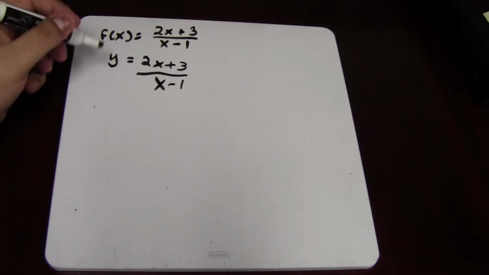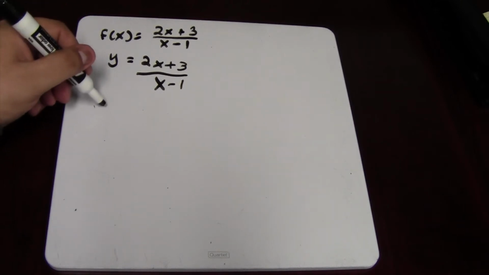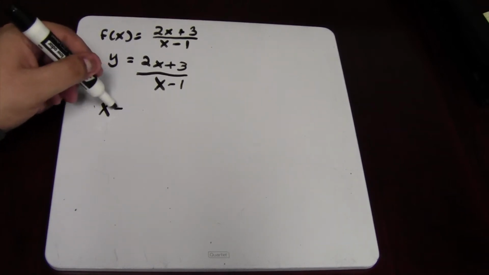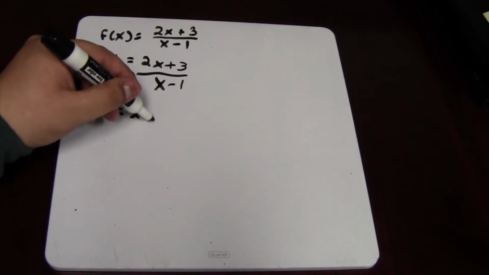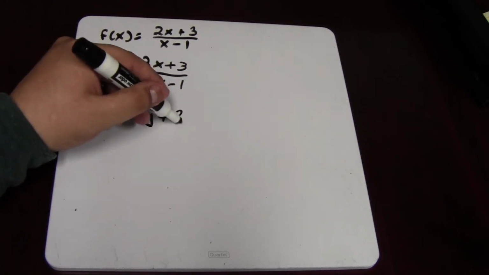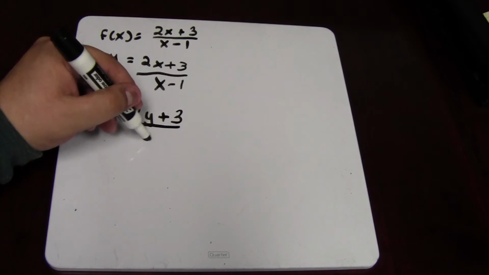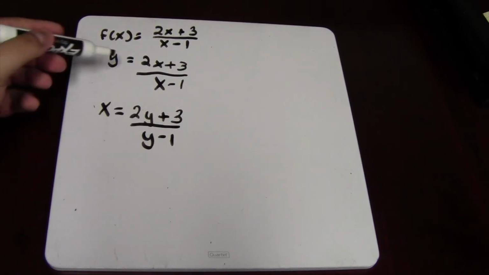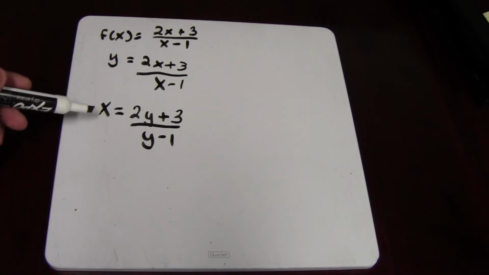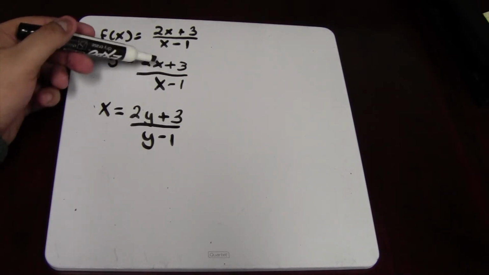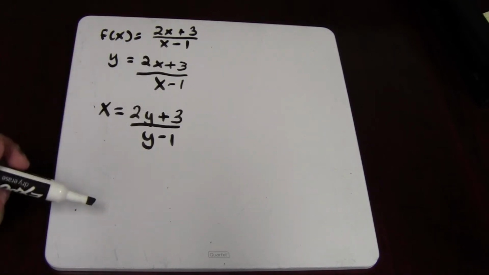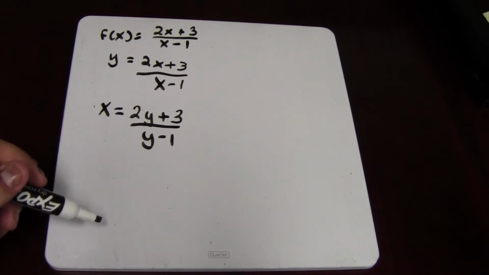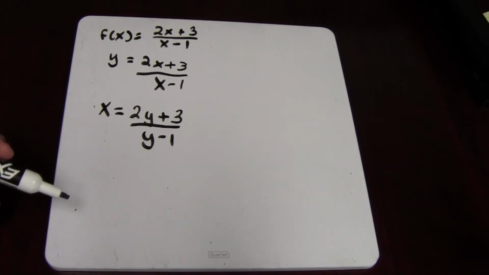So let's do that here. Notice this was previously a y, now it's an x. These were both previously x's, now they're y's. So we've done already 2 of the steps.